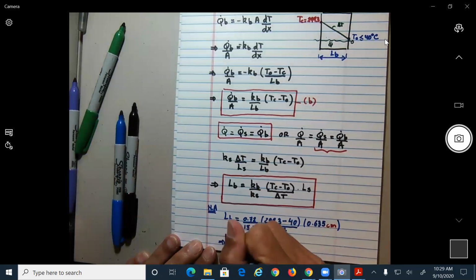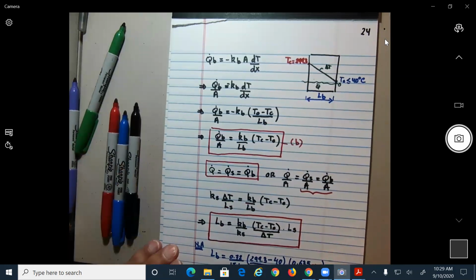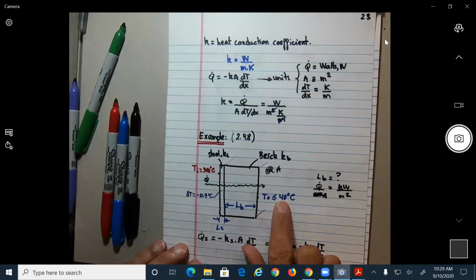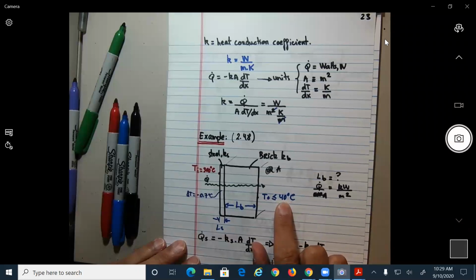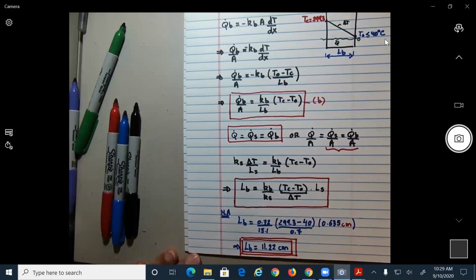So basically, what this means is that the minimum thickness of the brick wall, in order to have a temperature of 40 degrees Celsius or lower, must be 11.22 centimeters. Okay?